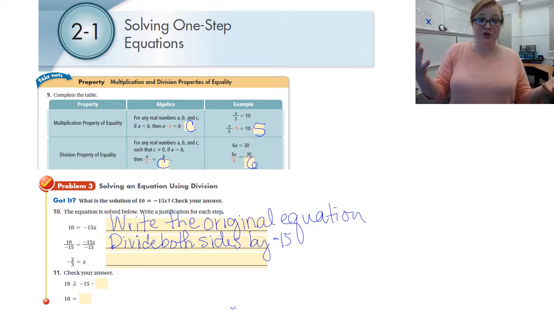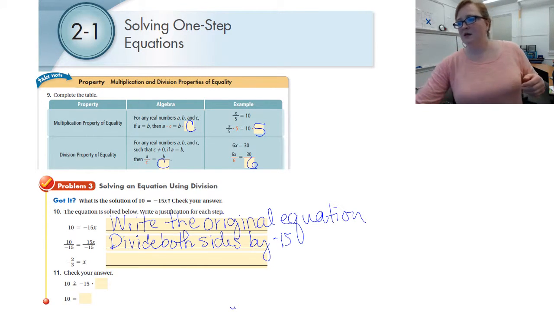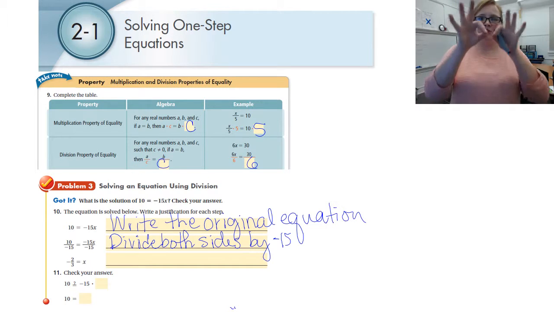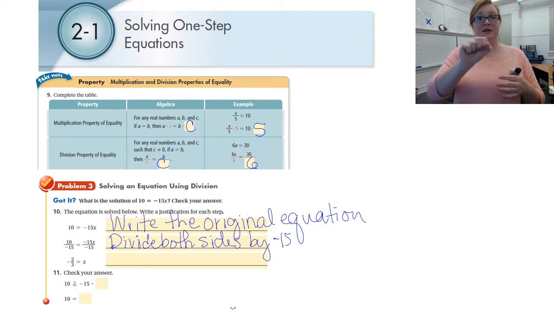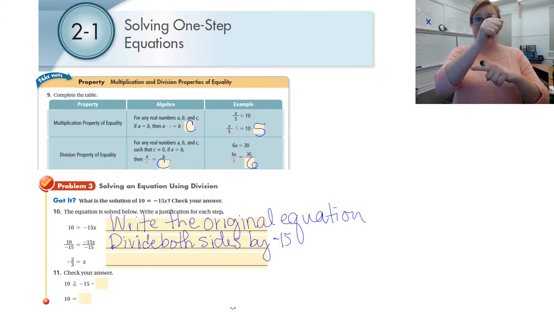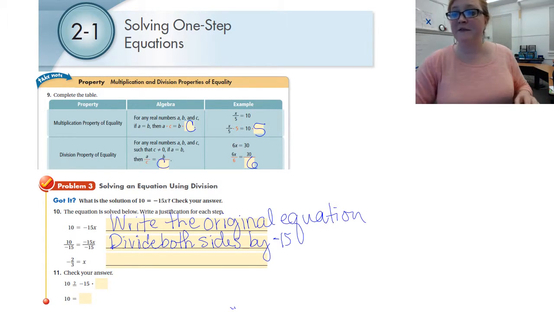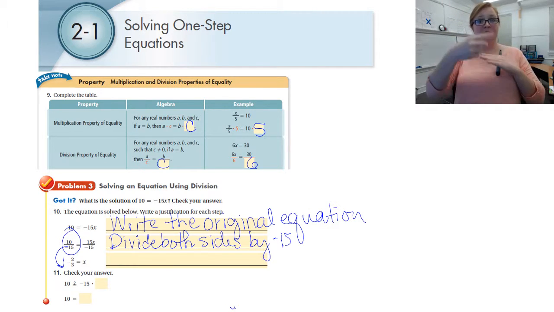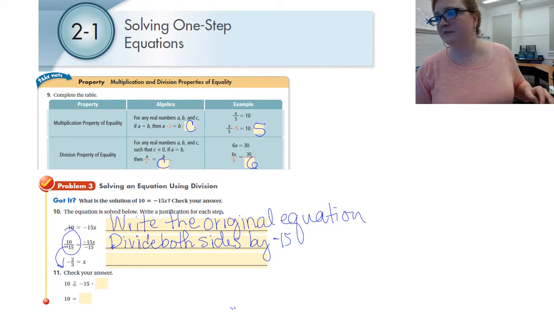Your answer, negative 2/3 x. The justification for that step is simplify. You are simplifying 10 over negative 15. It simplifies to negative 2/3.